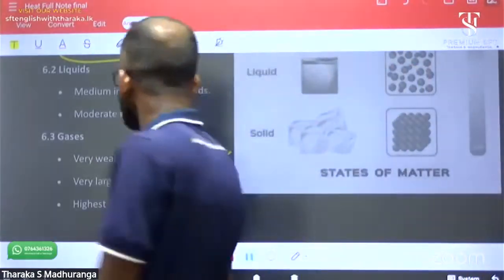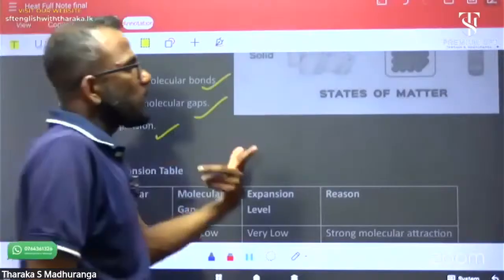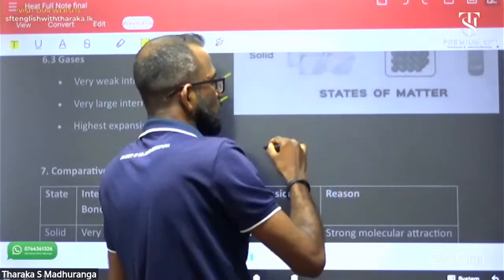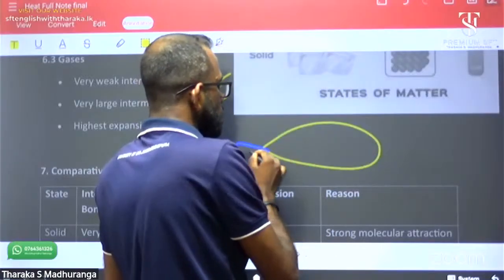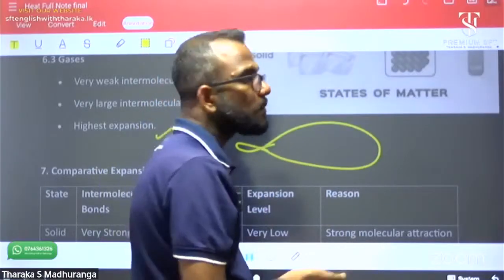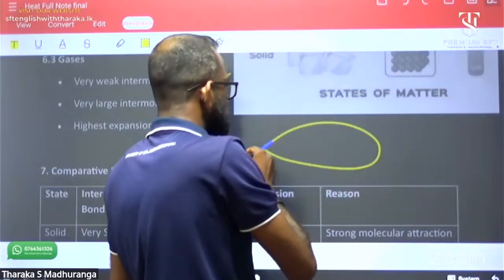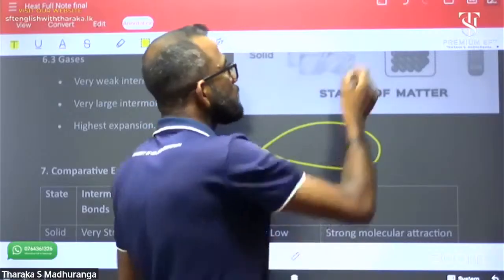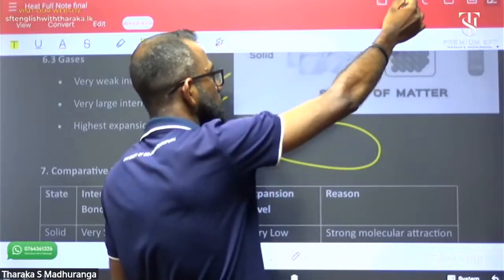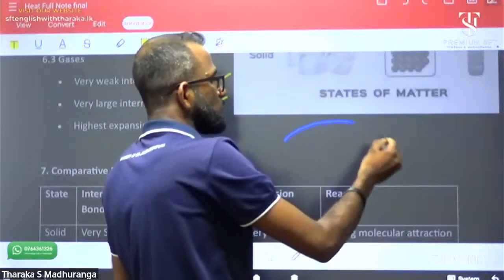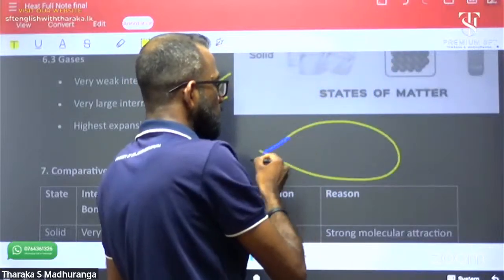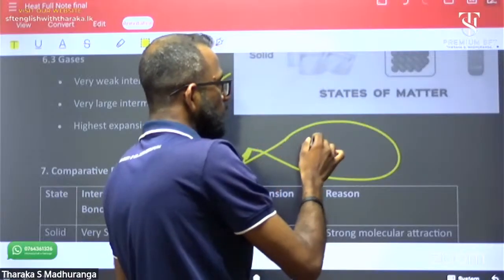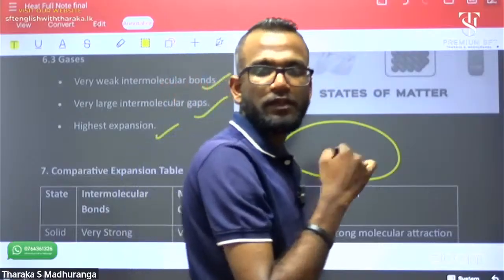Understood? Okay, if we take a balloon filled with gas, a balloon filled with gases, not a fish, it's a balloon filled with gases.